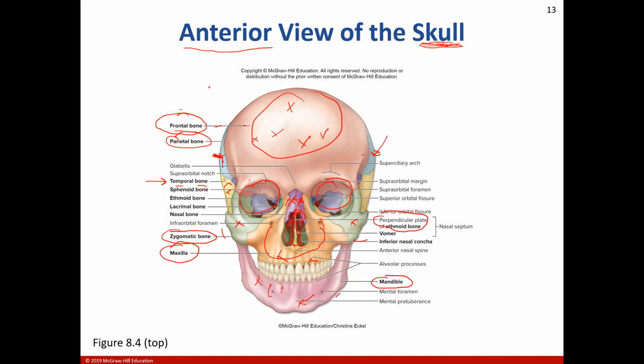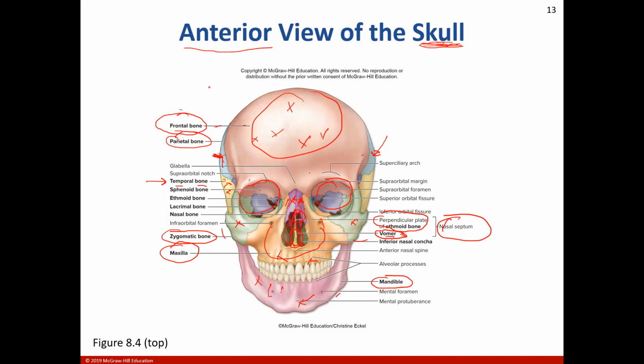The bottom part down here is a single bone called the vomer. Vomer means plow. So it kind of looks like a plow when you look at the inside of the skull where the vomer is. So remember, the vomer is the inferior nasal septum, and the perpendicular plate of the ethmoid bone is the superior portion of the nasal septum.